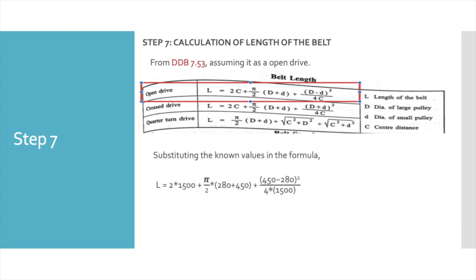We know the value of the center distance, the diameter of the larger pulley and the diameter of the smaller pulley, and substituting the values in this formula, we find the length of the belt is 4151.49 mm. So we have successfully completed our design procedure, and thereby we have designed a flat belt drive for the respective problem statement.